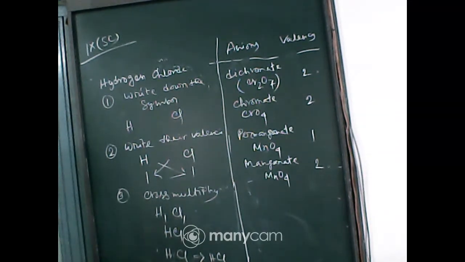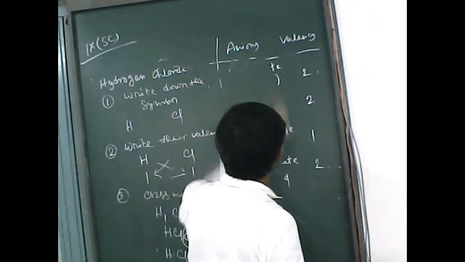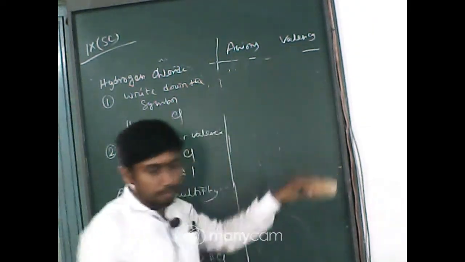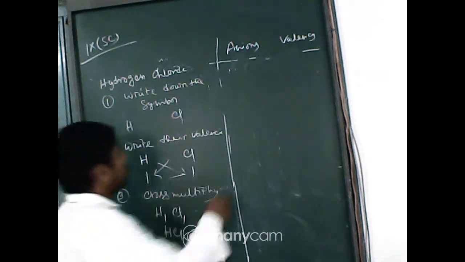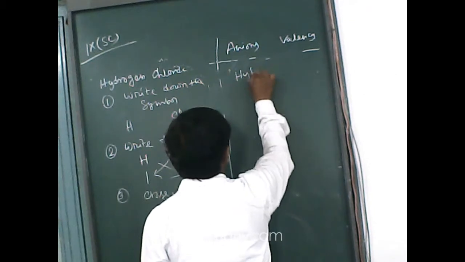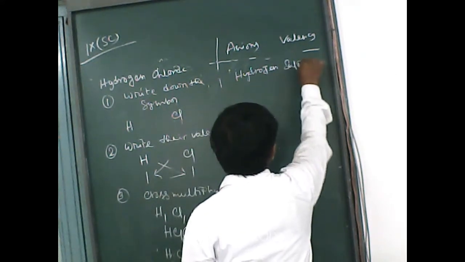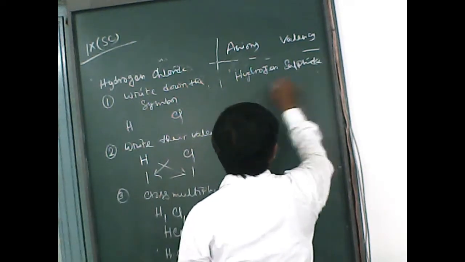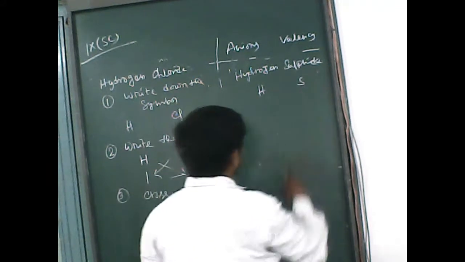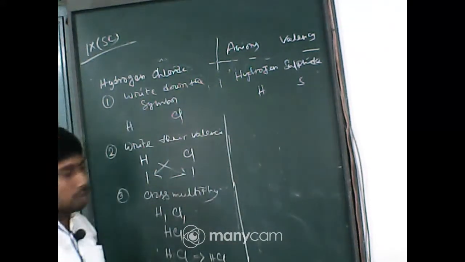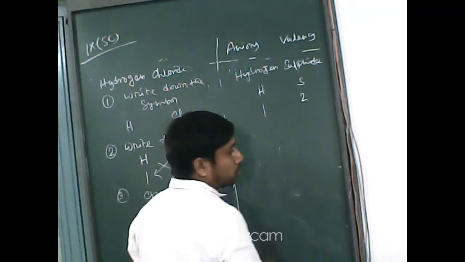Clear? I think the right side is also completed. Now moving to another example, this time also from your NCERT, hydrogen sulfide. First the symbols. Now their valency is hydrogen 1, sulfur 2.